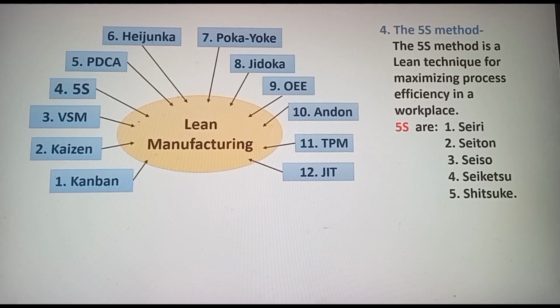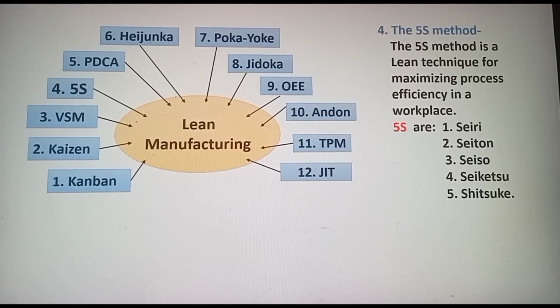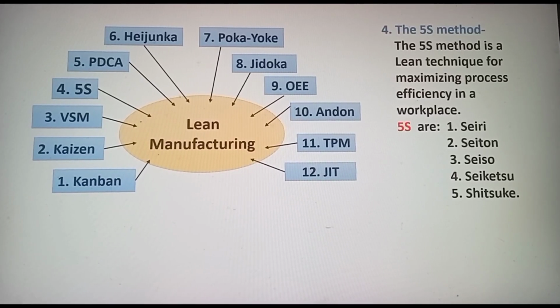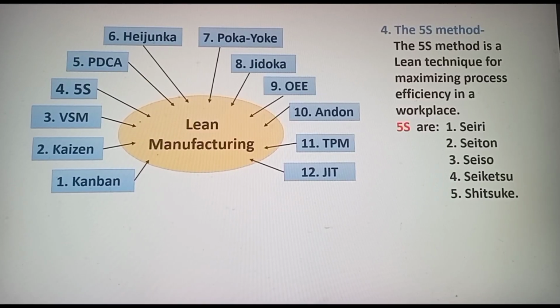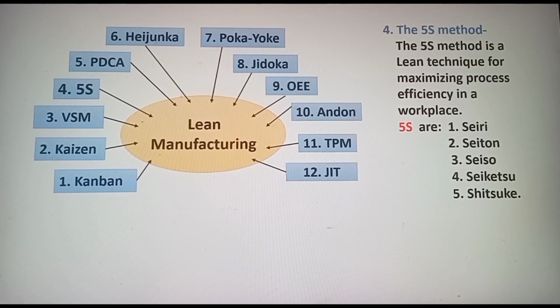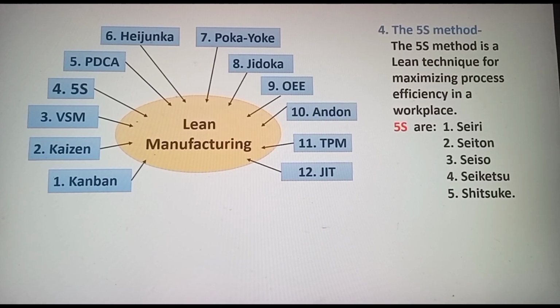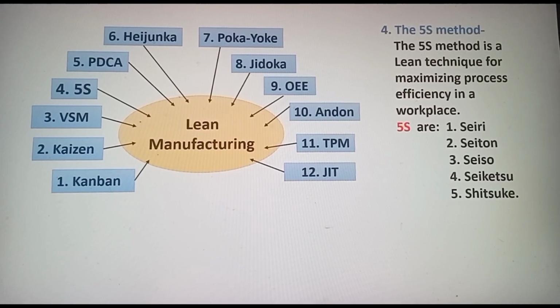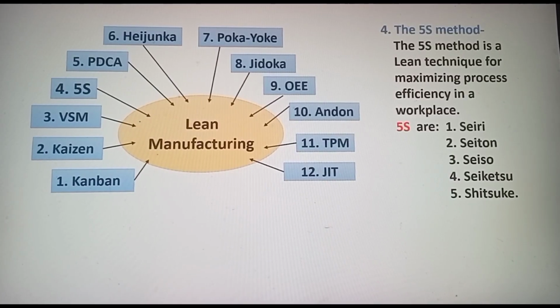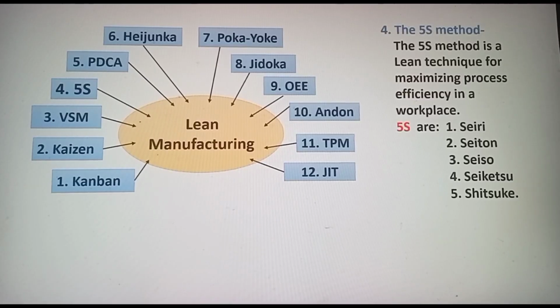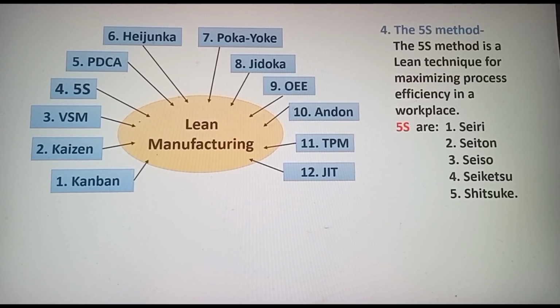Second, Seiton means putting things in order or systematic arrangement. Third, Seiso means clean up or clean the workplace. Fourth, Seiketsu means personal cleanliness or standardization. Fifth, Shitsuke means discipline or sustain.